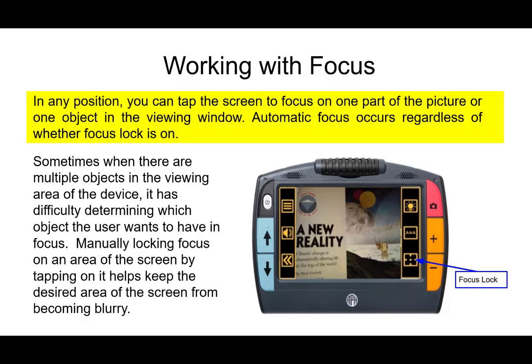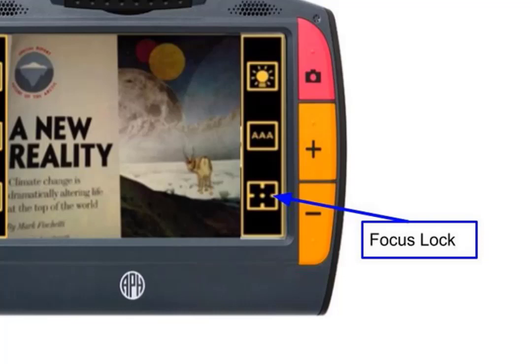At any point, if you think the focus is off, you can tap any part of the picture or object in the viewing window to turn that automatic focus on, regardless of whether that lock is on or off. So that's important to know. The focus lock is located in the lower right-hand corner of the screen when the button bar is activated.